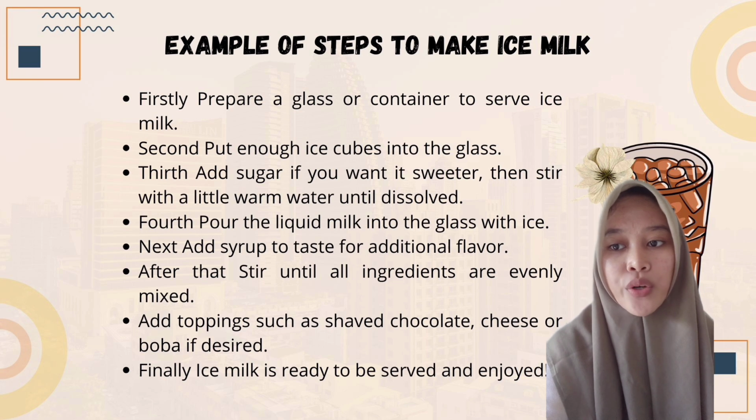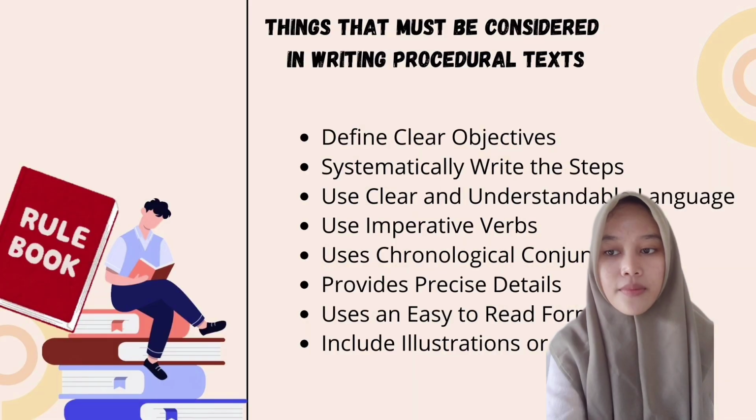And the fourth is pour the liquid milk into the glass with ice. And next, add syrup to taste for additional flavor. And after that, stir until all ingredients are evenly mixed. After you stir the ingredients, add toppings such as soft chocolate, cheese, or boba if dessert. And the last is iced milk is ready to be served and enjoyed.